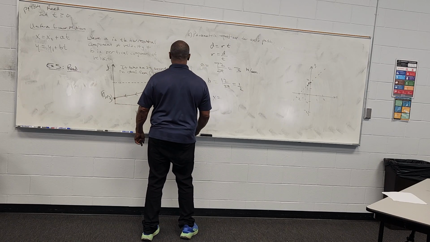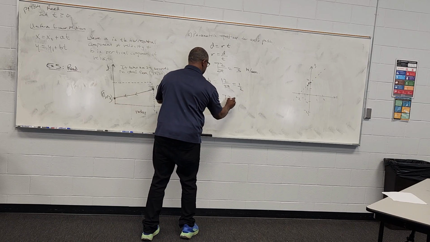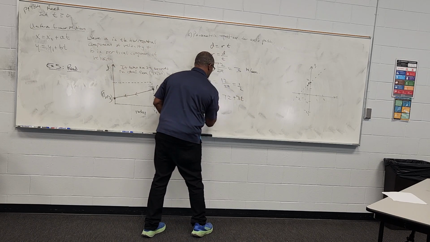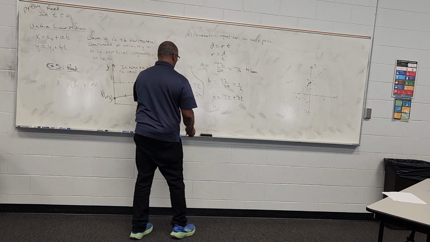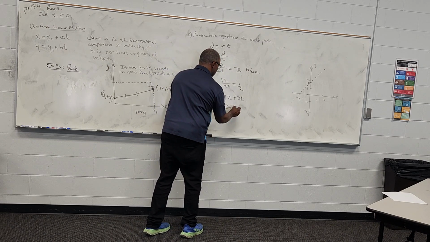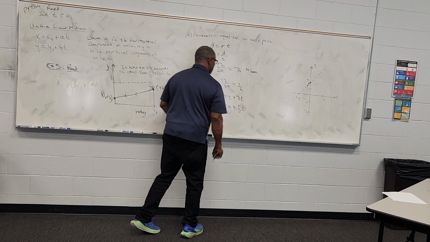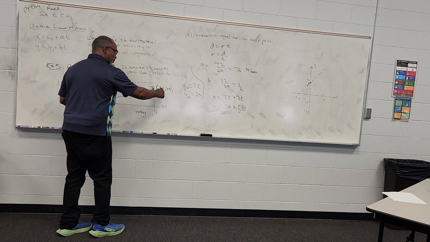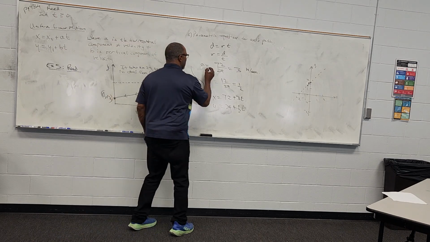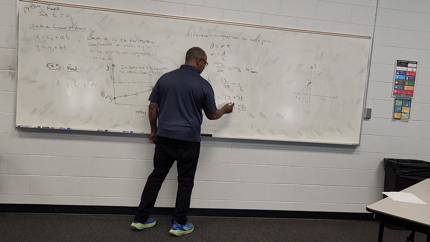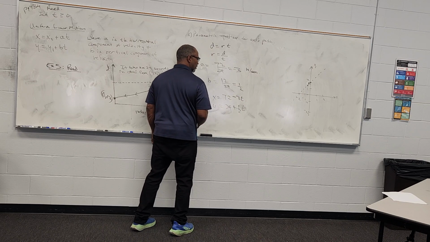X is x sub 0. X sub 0 was 72, plus AT. A is 3. Y is y sub 0, 24, plus BT. One thing I forgot: he went from x equals 72 to x equals 0, so he was going backwards. He went down 72 over 24, so this is negative 3, a minus 3t.